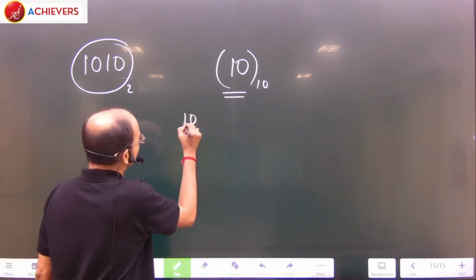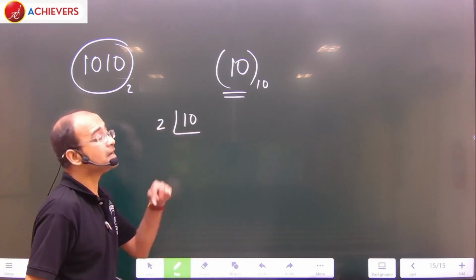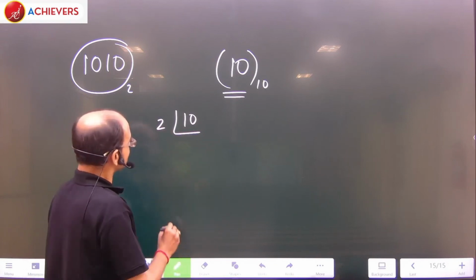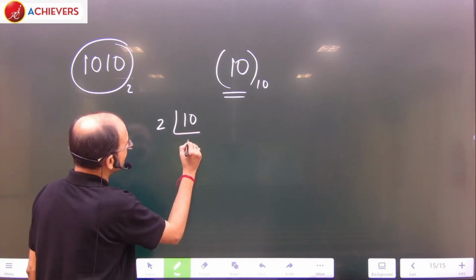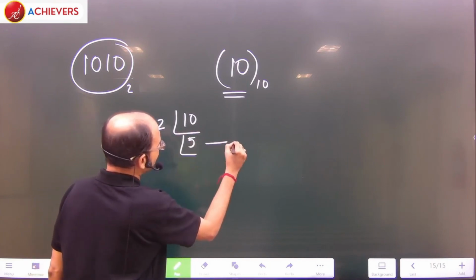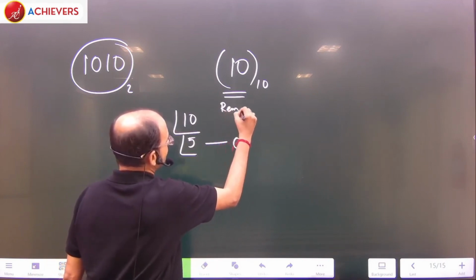So what we have to do is we have to divide it by the number system that we are asking for conversion. So 2 is the divisor and 10 is the dividend. 2 5s are 10. So here remainder is 0. This is the remainder.